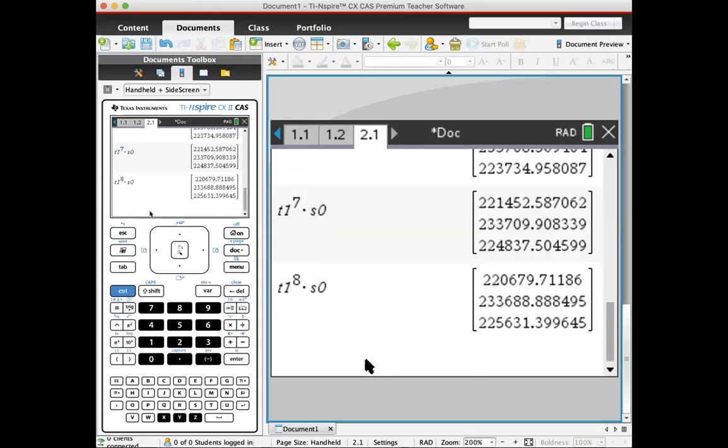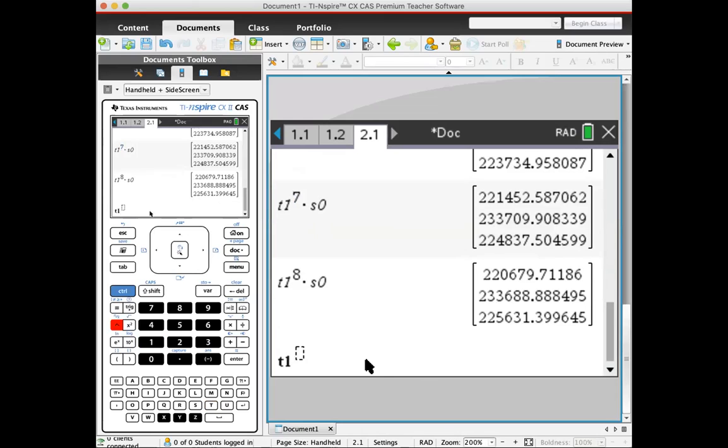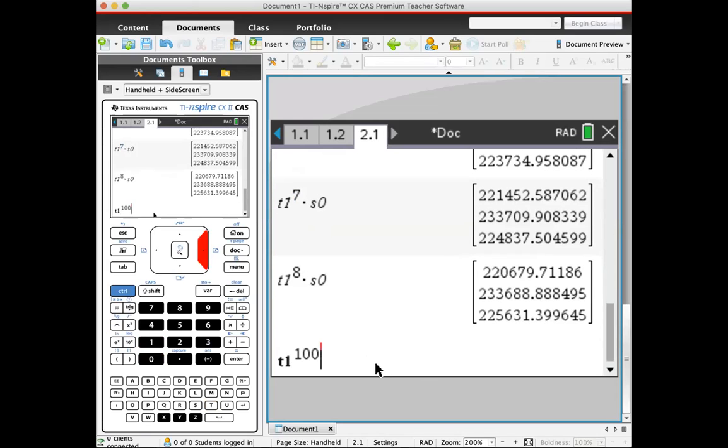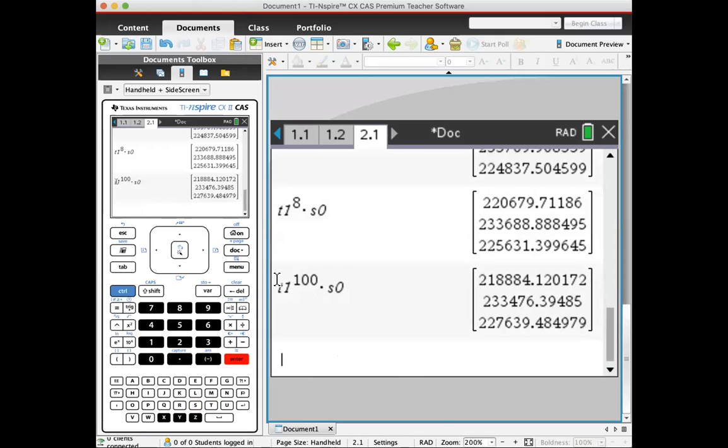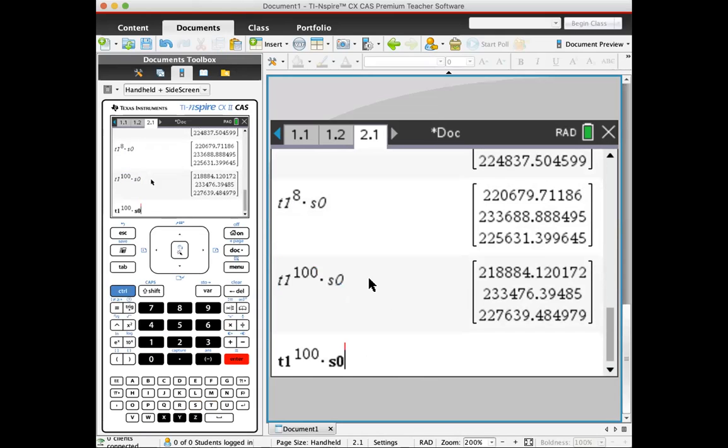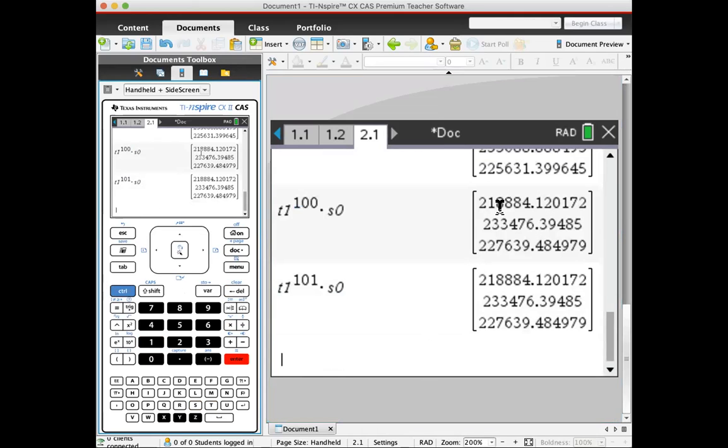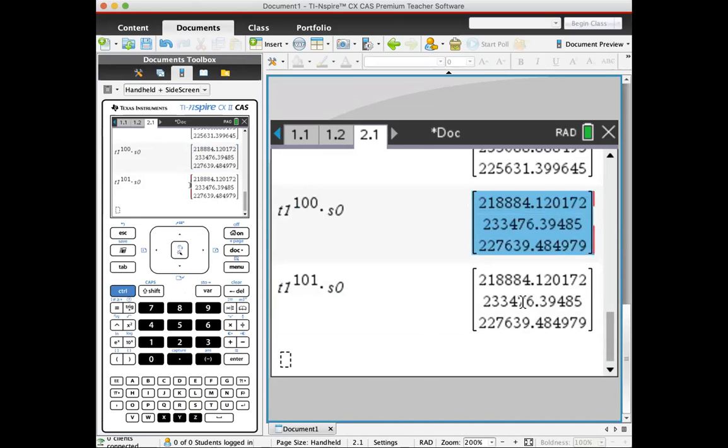For example, we can type T1 to the power of 100 multiplied by S naught. Control Enter. If you really want to see whether these numbers are steady, put an extra power, 101. Control Enter, and compare these two outputs. No drastic change.